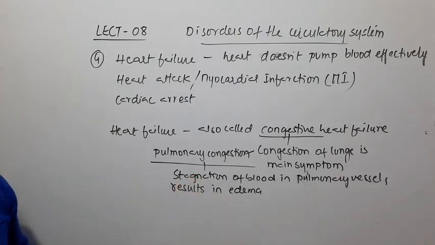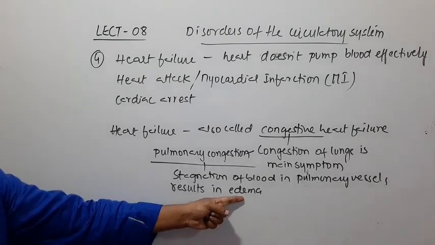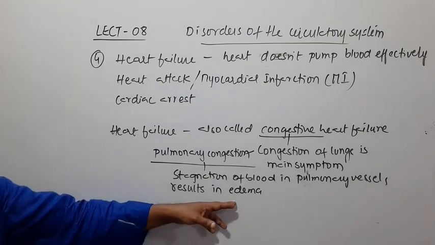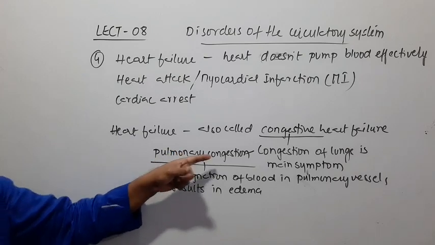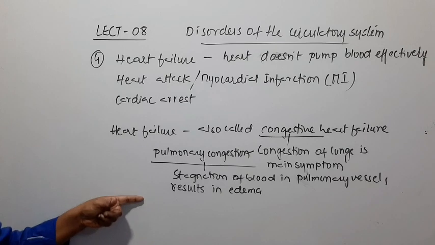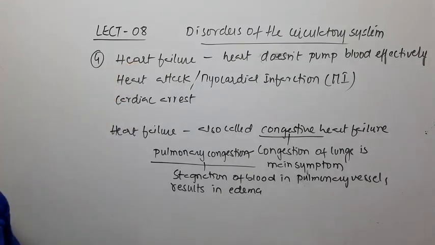As the blood flows very slowly, or sometimes may stop completely, the blood may get stagnant in those pulmonary vessels, and that results in accumulation of fluids in the lungs. That is the condition we call edema, and overall we call it pulmonary congestion. It is the main symptom in the case of heart failure. That is the reason why we also call heart failure congestive heart failure.